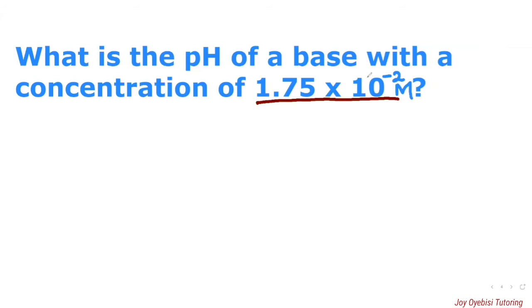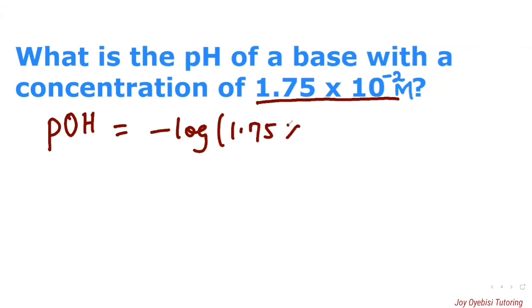So in order to solve for this, the first step would be to look for the pOH of this base. And we do this: pOH equals negative log of 1.75 times 10 raised to power negative 2. Okay, now this is going to give us 1.76.